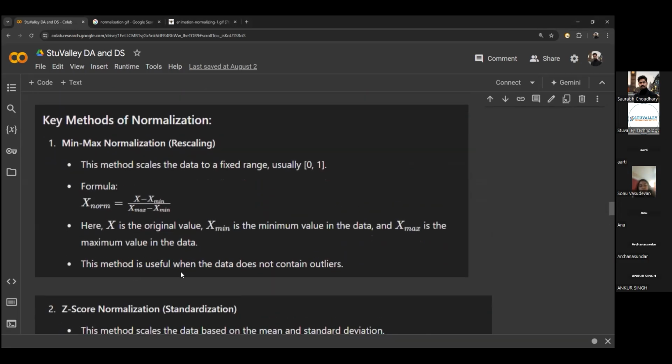So basically, this method is useful when data does not contain outliers. See, if your data is containing an outlier, you should not use this. What is an outlier? Please, everybody answer me. What is an outlier? In the chat section, please. Extreme values. Yeah, noise, error. Yes, correct.